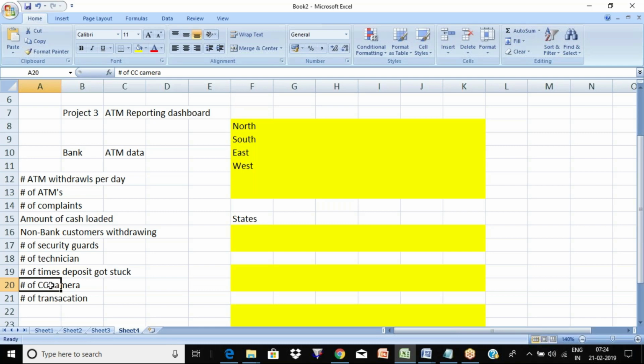Many times we go to the ATM machine and it says there is no cash. How would the customer feel at that time? So they can use these points to strategize and manage those vendors. We know that during these days there will be a lot of transactions and a lot of money will get withdrawn. Before that itself, the cash has to be loaded into the machines. This can also be one of the important points.